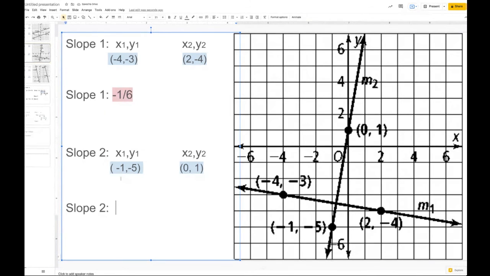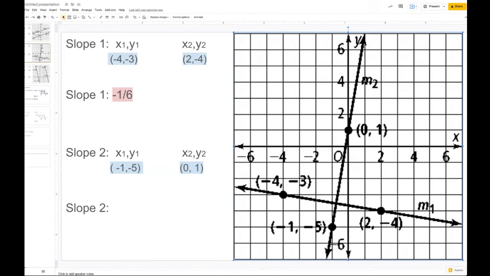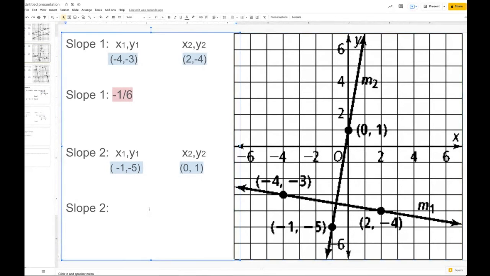And the next one: you have a point here and you have another point here. How do you get this? We got -1 and -5 at the bottom here. When we go up here, we have 0 and 1. What is the slope going to be with those 2 points, going from the bottom all the way up to 0 and 1?